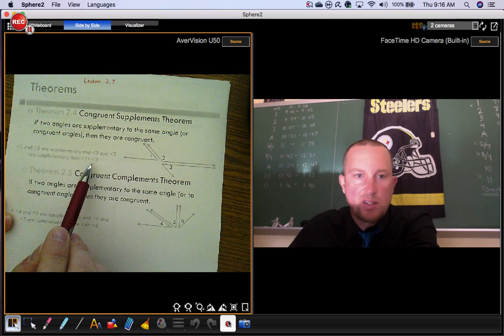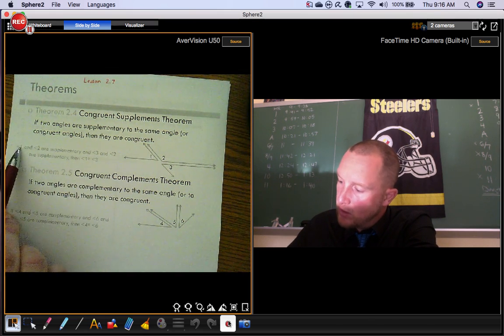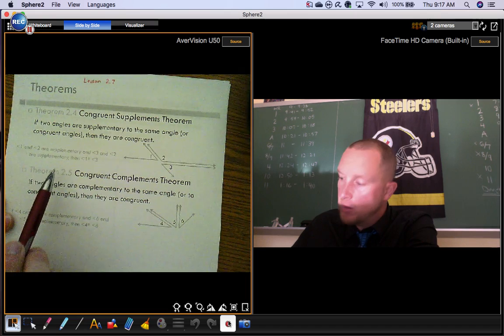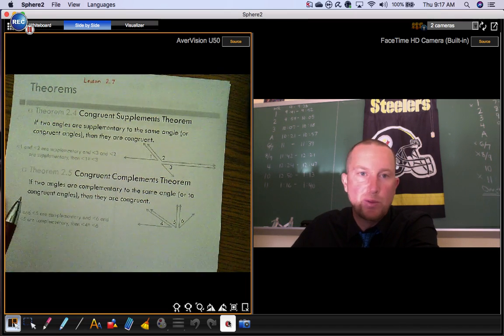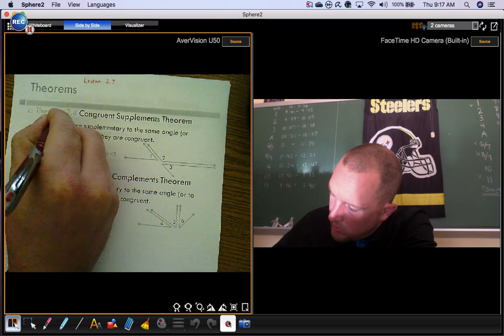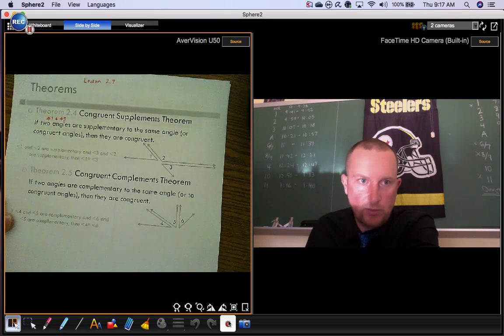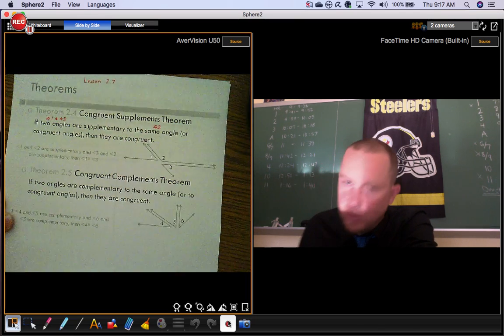Then angle 1 is congruent to angle 3. So our two angles would be angle 1 and angle 3, and they're supplementary to the same angle, angle 2.